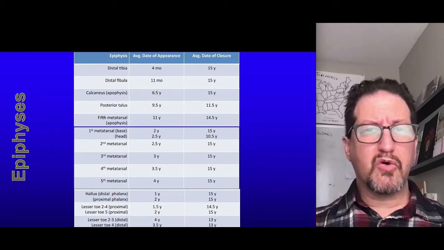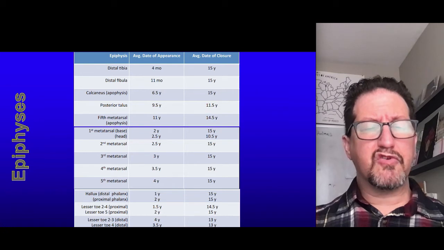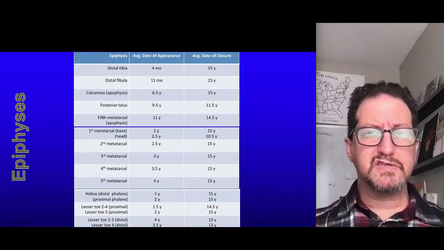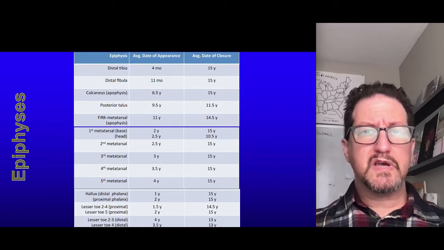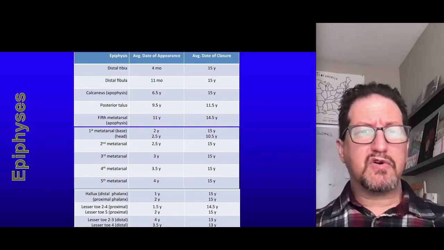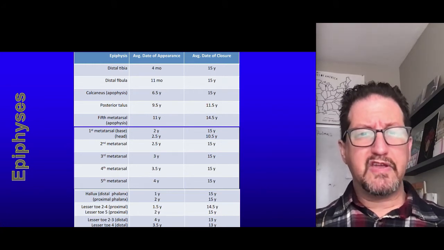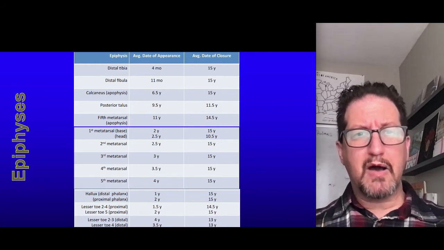So 2 years old is sort of your date of first appearance of epiphyses of metatarsals and phalanges. And then if you'll notice, the average date of closure for the epiphyses is really around 15 years old for just about everything.